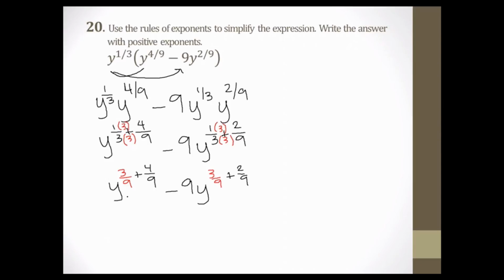Okay, so you have those common denominators, you just add the numerators. So that's y to the 7/9 minus 9 times y to the 5/9. And so that's going to be our final answer here when we use the rules of exponents.